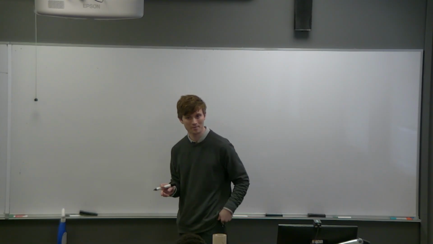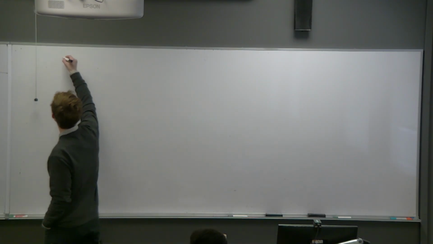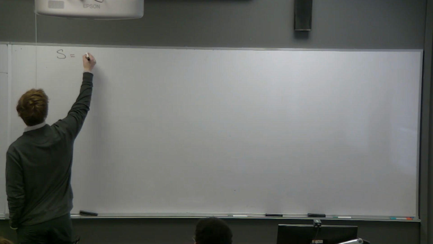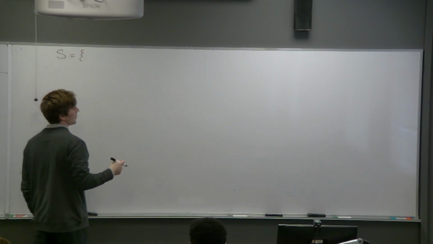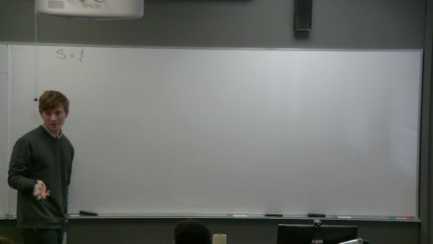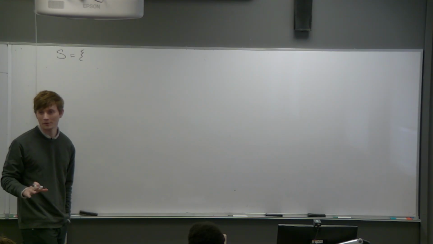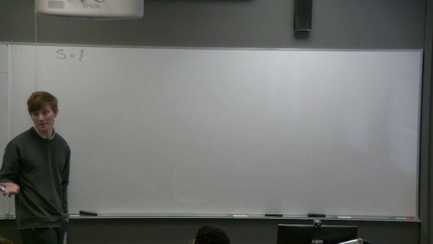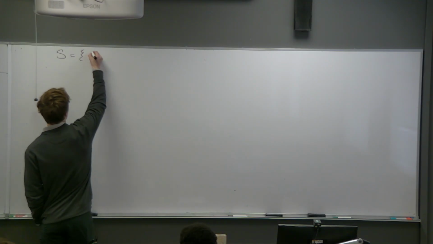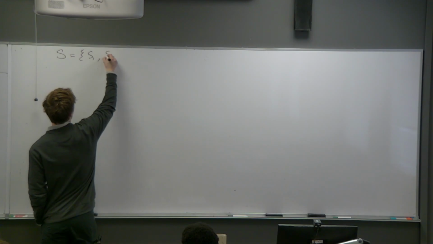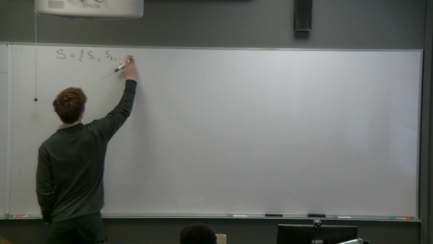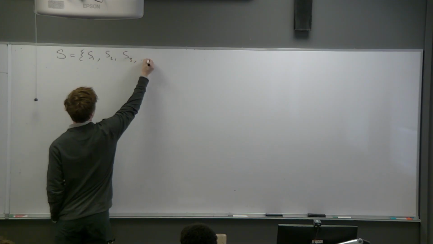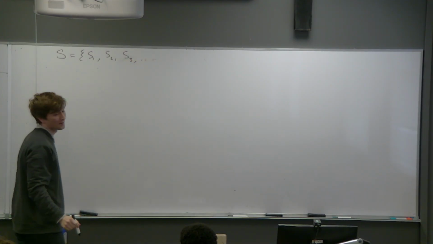If we took S, I don't want to write S as if it's countable, since it may not be, but let me do that for a moment, just for visualization purposes. You shouldn't think of S as necessarily being countable, but let's imagine that it is for a moment. Then I could write it as little s1, little s2, little s3, and so on, forever, yeah?